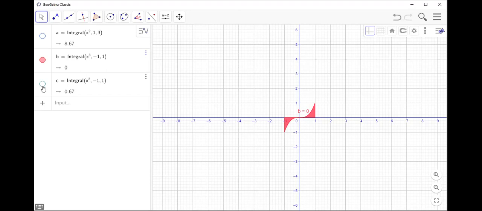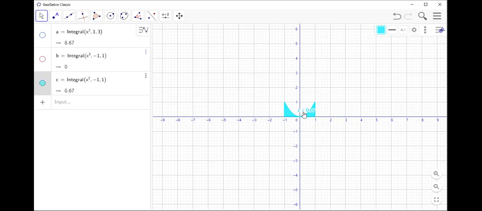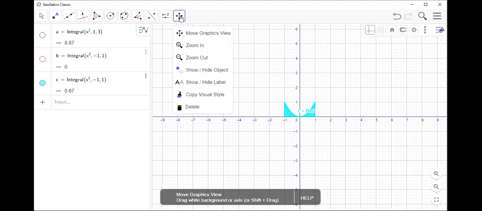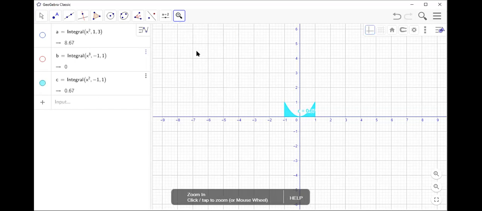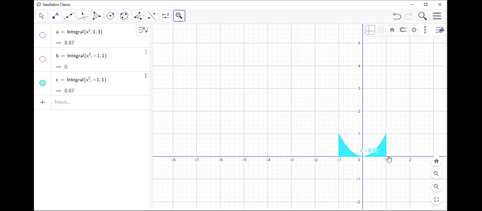Here you see, if I take integral of x square, y equal to x square, and limit from -1 to 1, again you see the shaded portion.